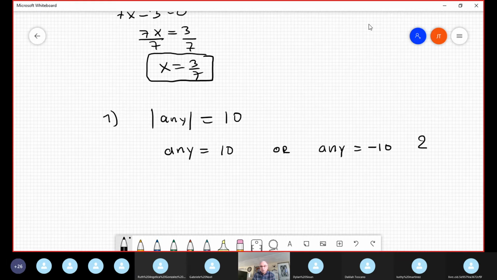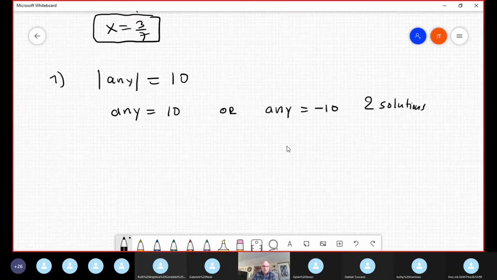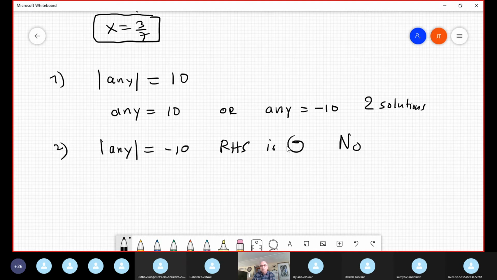So we have two solutions. This is the regular case. 99% of the time you find this situation on the test. Case number 2: the expression equals minus 10. When the right-hand side is negative, no solution.